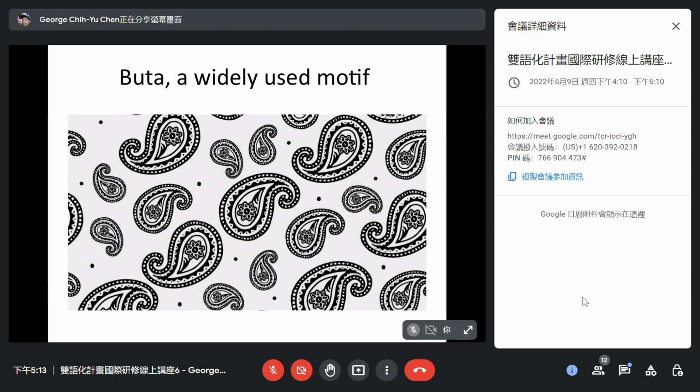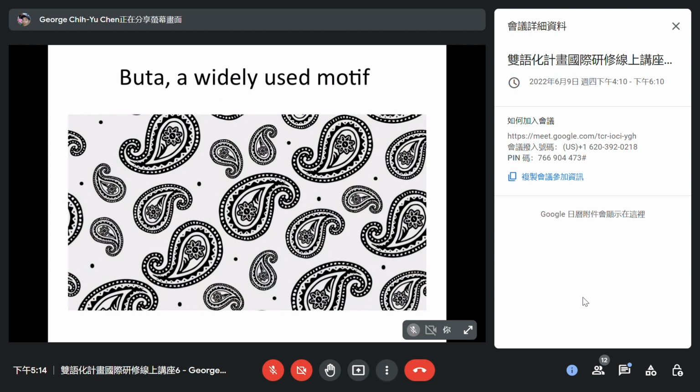And this motif is widely used across Asia, and it is especially common in carpets. And this same motif also became very popular in India. And later, when this motif was transported or being used in Europe, its name changed to paisley.